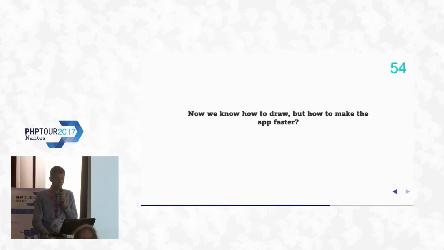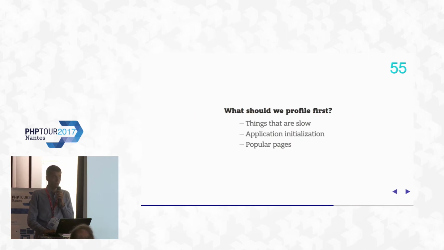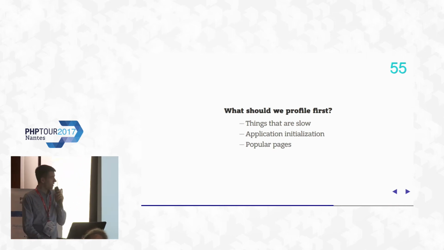So now we know how to profile, but how to make the application faster? The answer is analyze. But analyze what? First of all, we should know what we want to profile. First of all, we profile things that are marked to be slow.